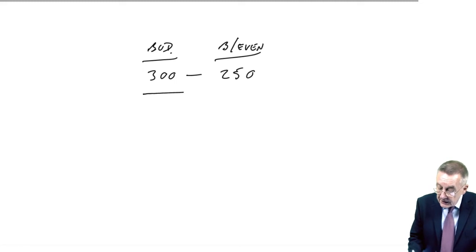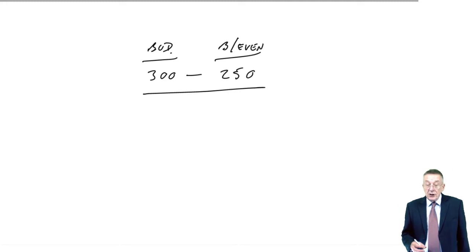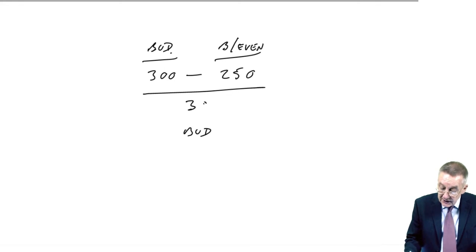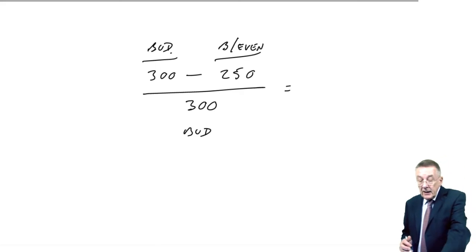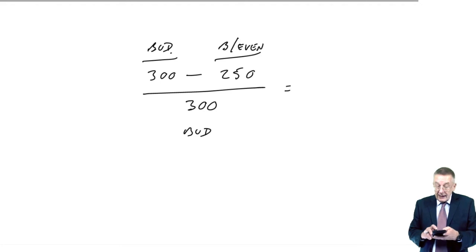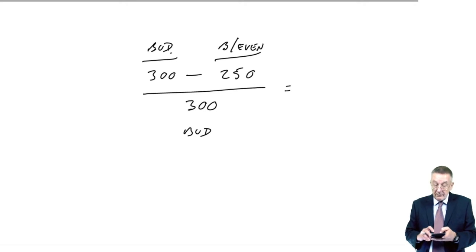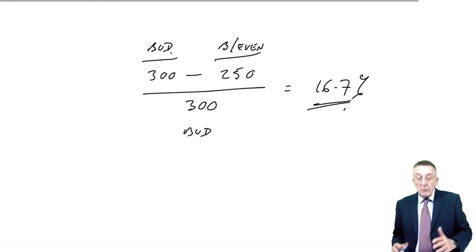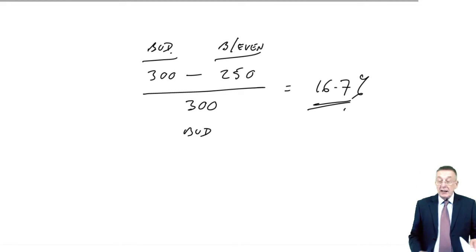And so better is to express it as a percentage, to express that fall as a percentage of the budget, which is 300. And so in percentage terms, the fall of 50 on 300 is 16.7%. We call that, as you've got, the margin of safety.